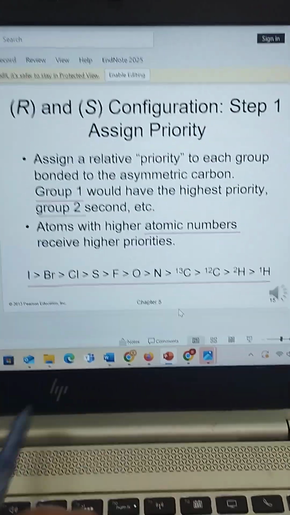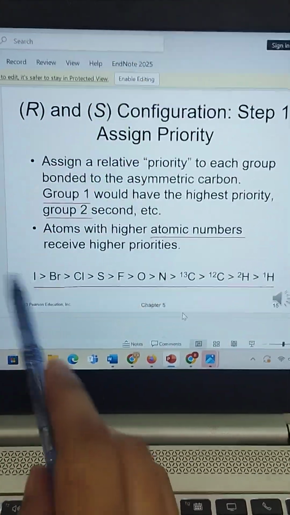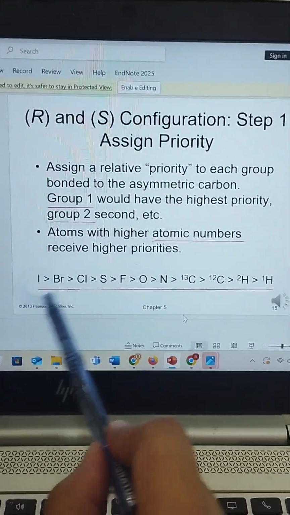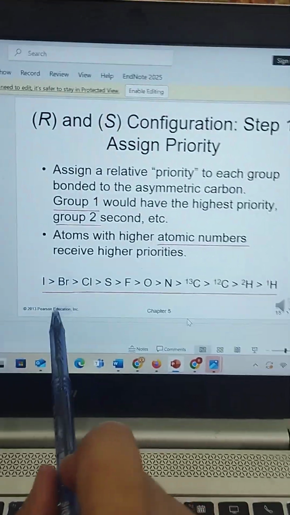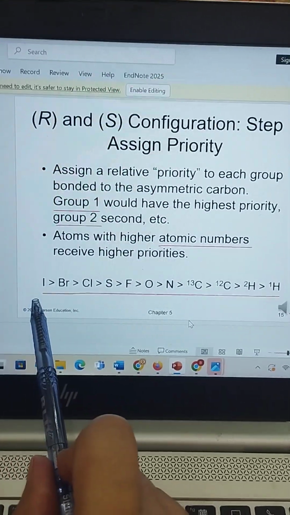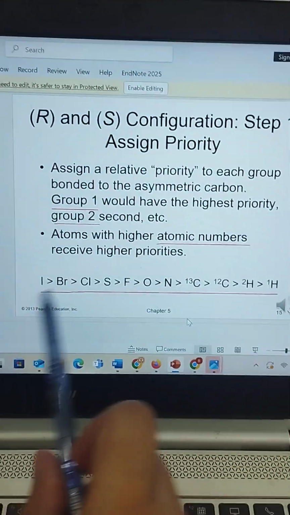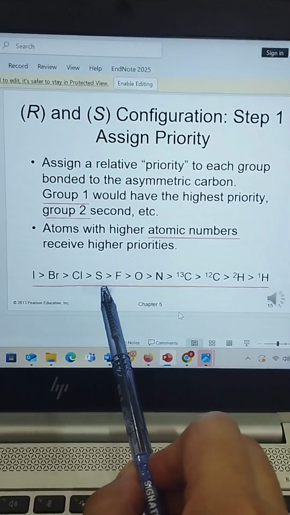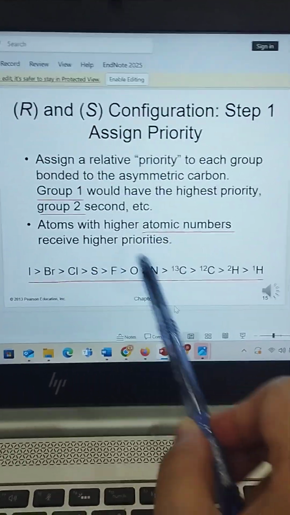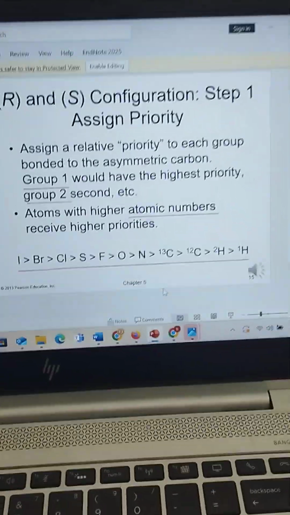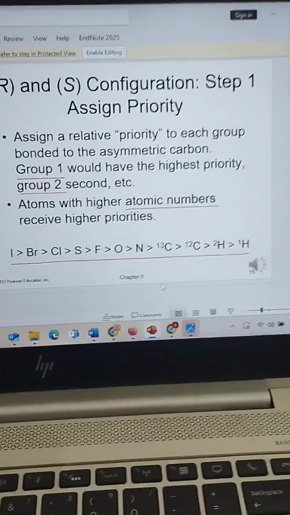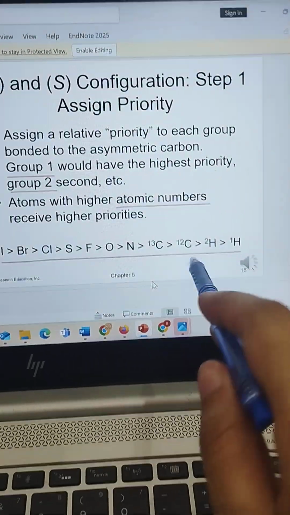For example, iodine has the largest atomic number, and then bromine, chlorine and sulfur, and fluorine has 9, oxygen has 8, nitrogen has 7. So according to their atomic number, we will assign the priority.